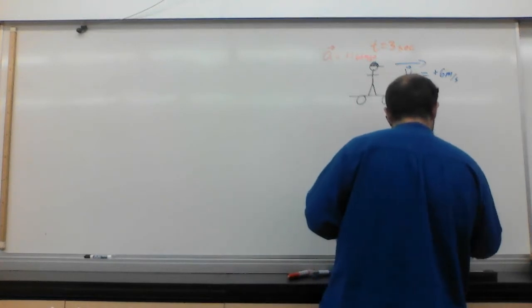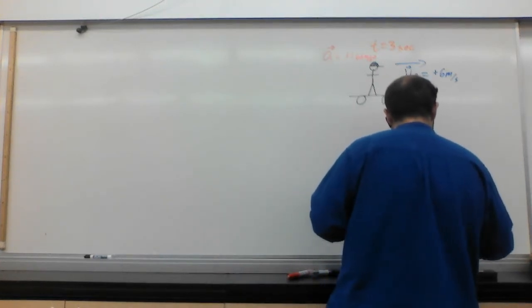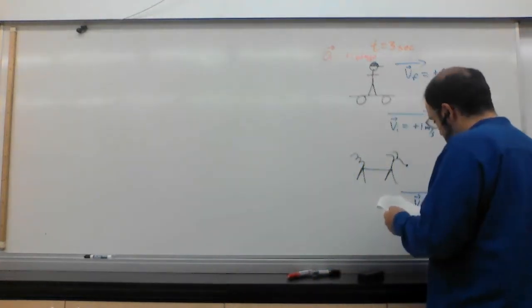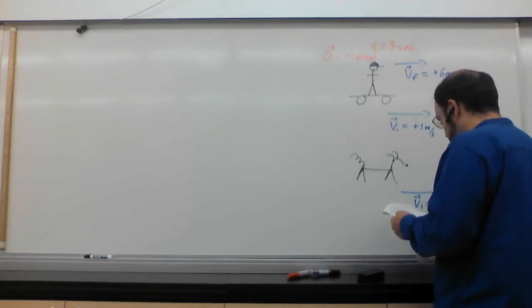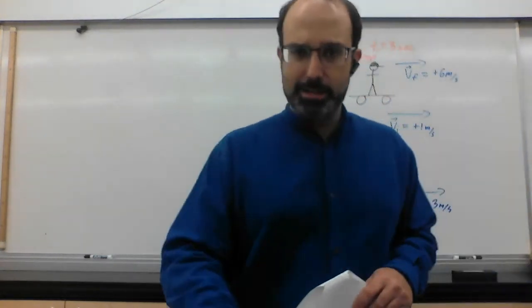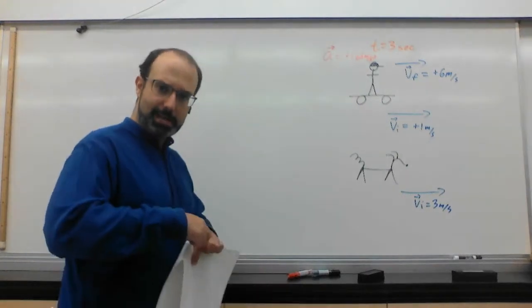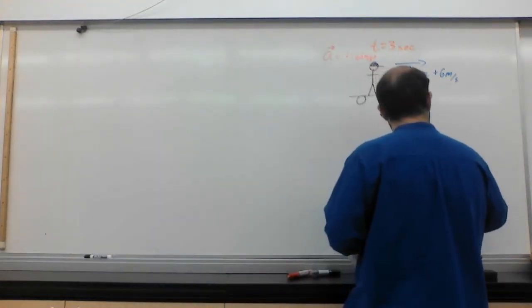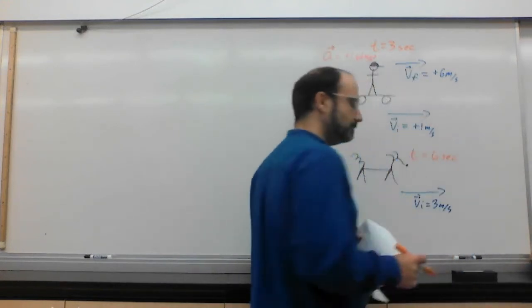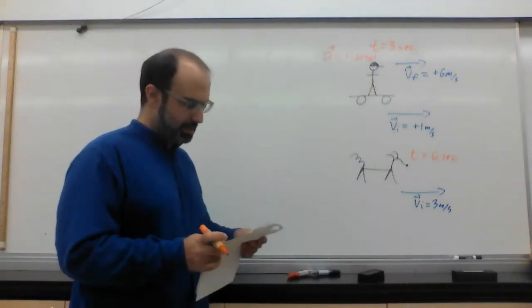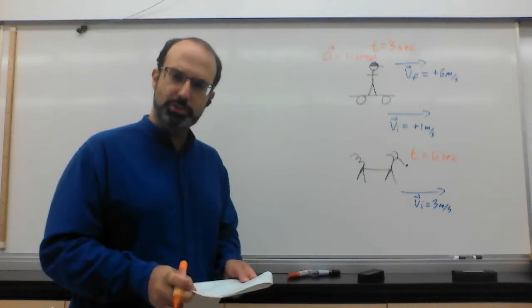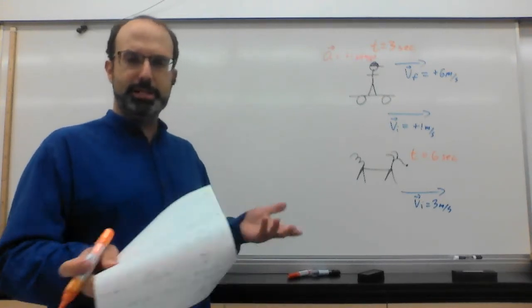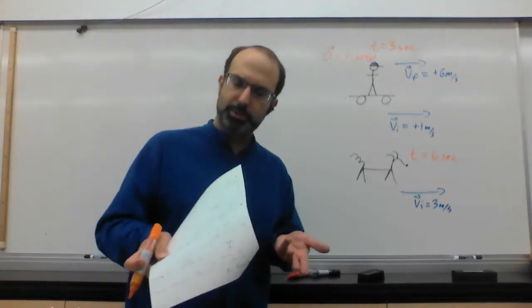We are going to go Vi equals, it says here that I selected 3 meters per second. Then it tells me that in 6 seconds, so time equals 6, in 6 seconds, it comes to a stop. Now, by itself, that doesn't give us any numbers to put down.